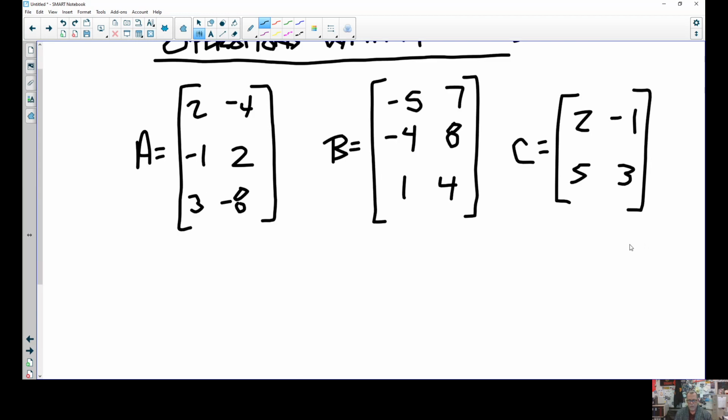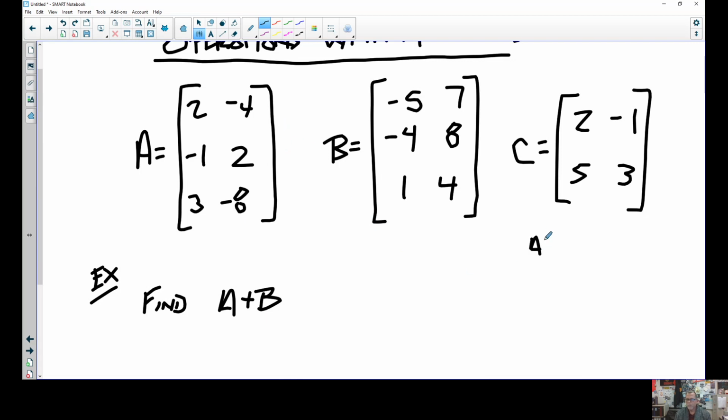Now, they may ask us to do this operation. For example, they may say, find A plus B. What they mean by that, when they say find A plus B, is use these matrices and find their addition. And we can add matrices, but there are a couple conditions.